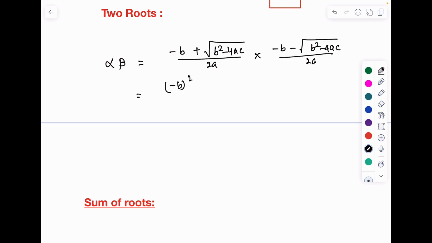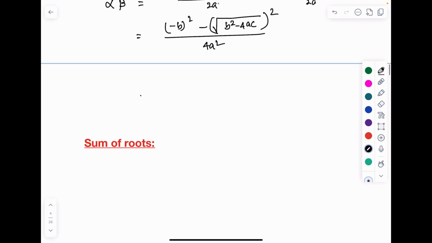That is equal to, using a plus b times a minus b equals a square minus b square, minus b whole square minus the square root of b square minus 4ac whole square, divided by 2a into 2a, that is 4a square.